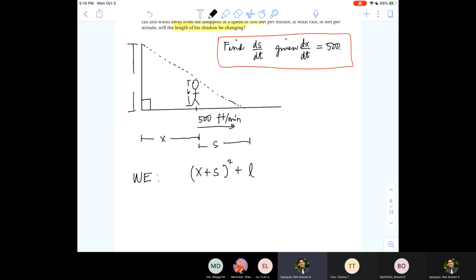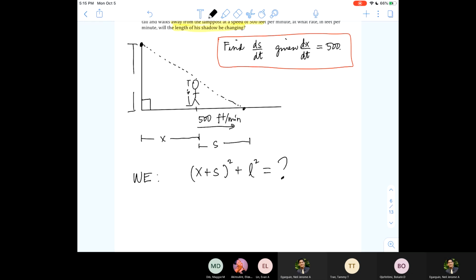We don't know exactly how long the lamppost is, but for sure, we might be able to find it. So yeah, let's just keep it there. L squared equals, and here's the problem. They should correspond to the hypotenuse, but we don't know how long the hypotenuse is because the hypotenuse actually represents the distance from the top of the lamppost towards the tip of the shadow.